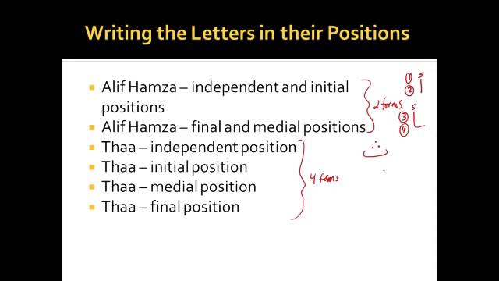So here we have the independent position, which is number 1, and number 2 we have the initial position, which looks like this with 3 dots. And number 3, we have the medial position, which looks like this. And number 4, we have the final position, which looks like this. Okay, so let's write these on our lines in the next slide.